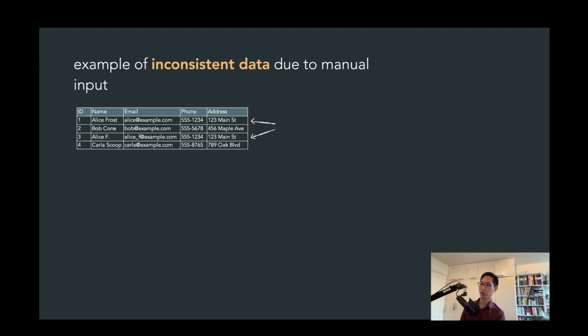And then when we try to link it into other tables, then we have other issues, right? So the common question is: is this the same person? Well, we have the same address, we have the same phone number, but the emails are different and the names are somewhat different, right? So now which Alice is linked to what orders in the orders table?